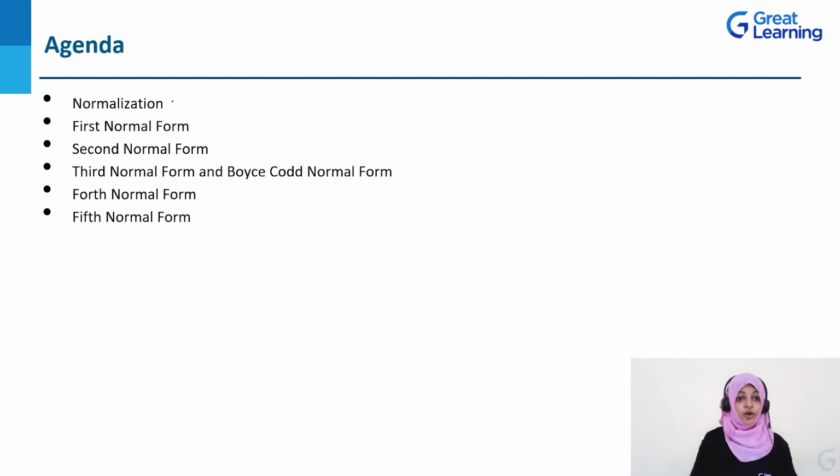First, we're going to understand what normalization actually is, and we're also going to look into the whys of normalization, namely, what is the requirement for normalization. Next, we're going to look at the various types of normalization in order to understand exactly how normalization is carried out. So let's get started.